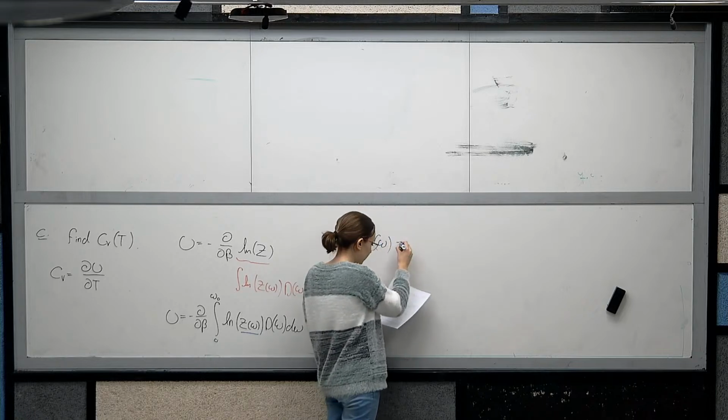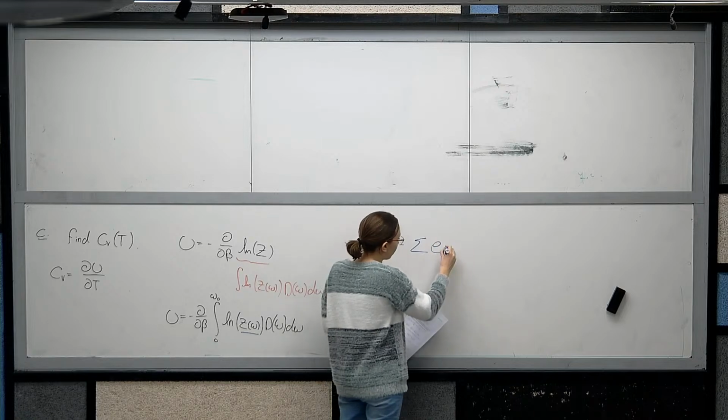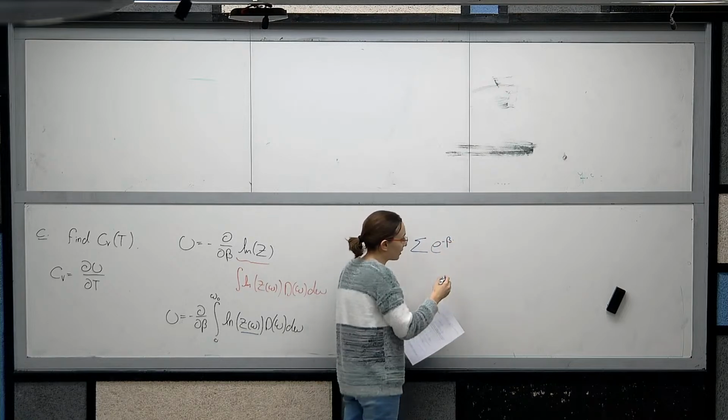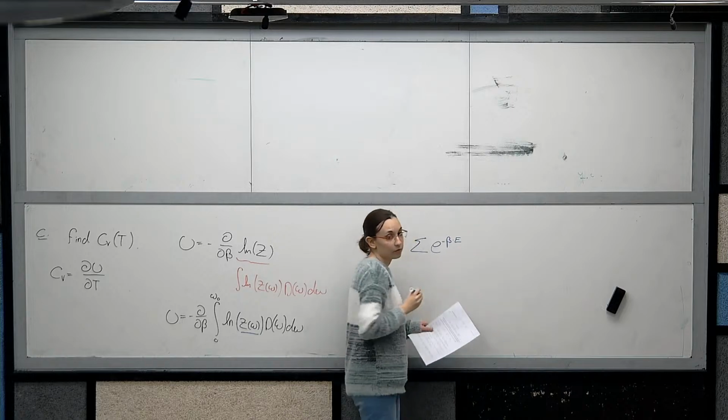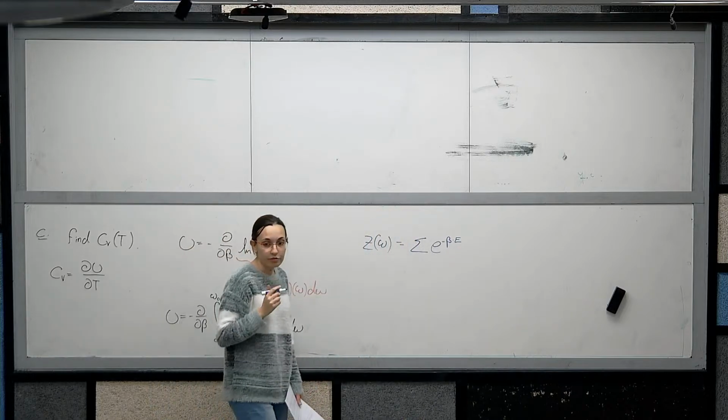So z omega equals the summation over e to the minus beta times the energy, the general partition function.